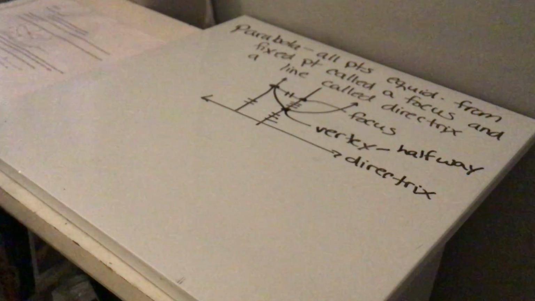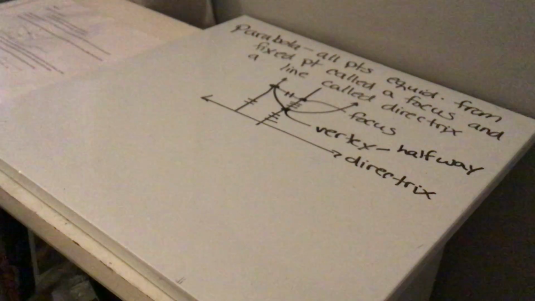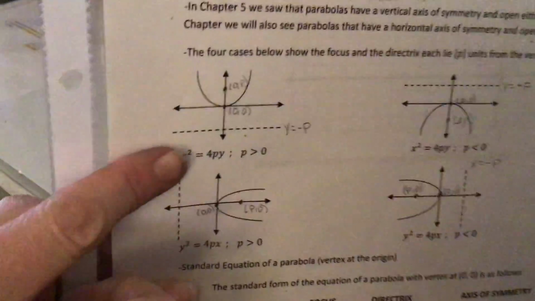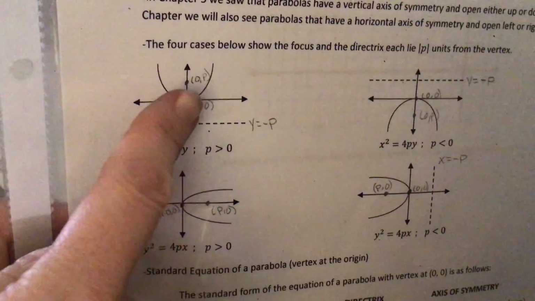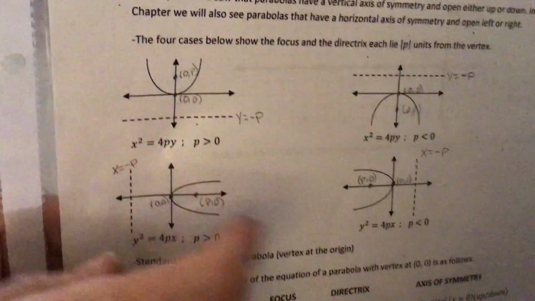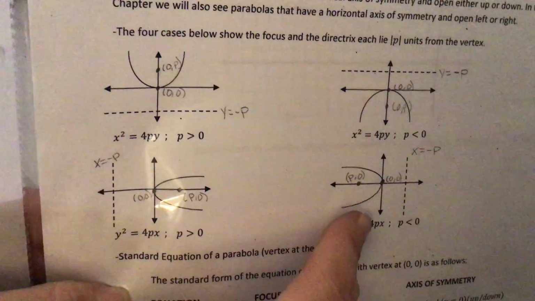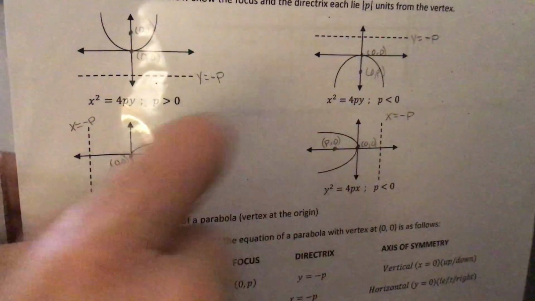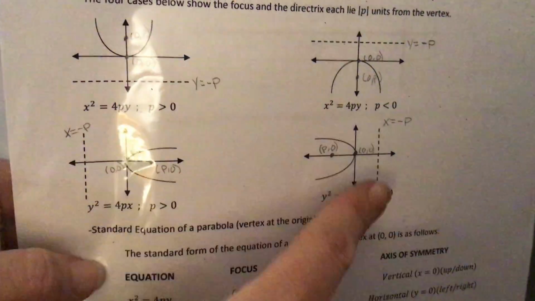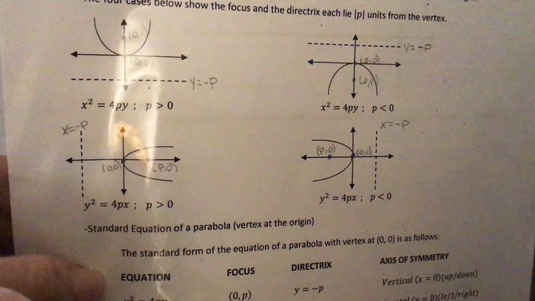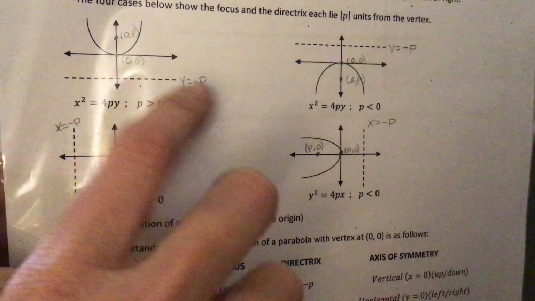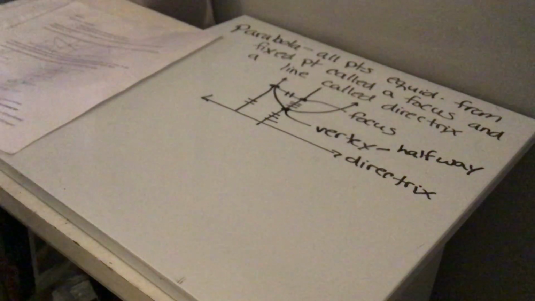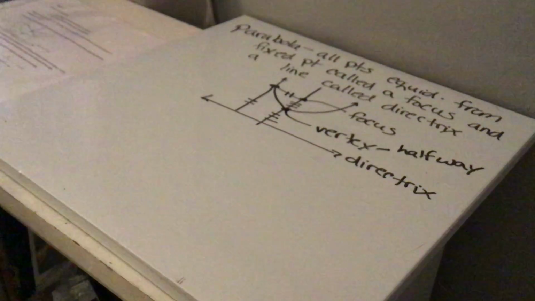So when you look at your notes and your parabolas, we have 4 options. We can have a parabola that opens up, opens down, opens right, opens left, okay? In each case, the focus is inside the parabola and the directrix is behind the parabola, okay? So when we look at these, we have 2 standard forms for these parabolas.